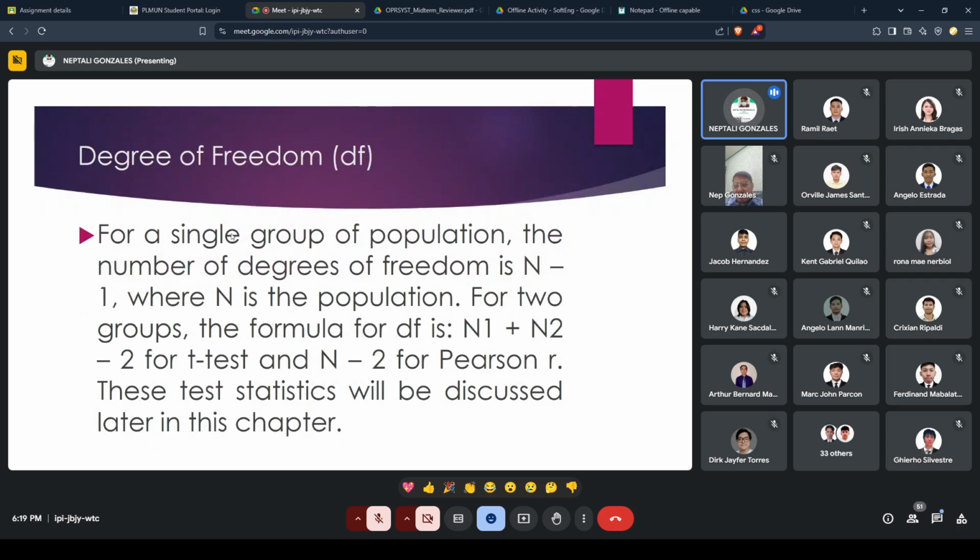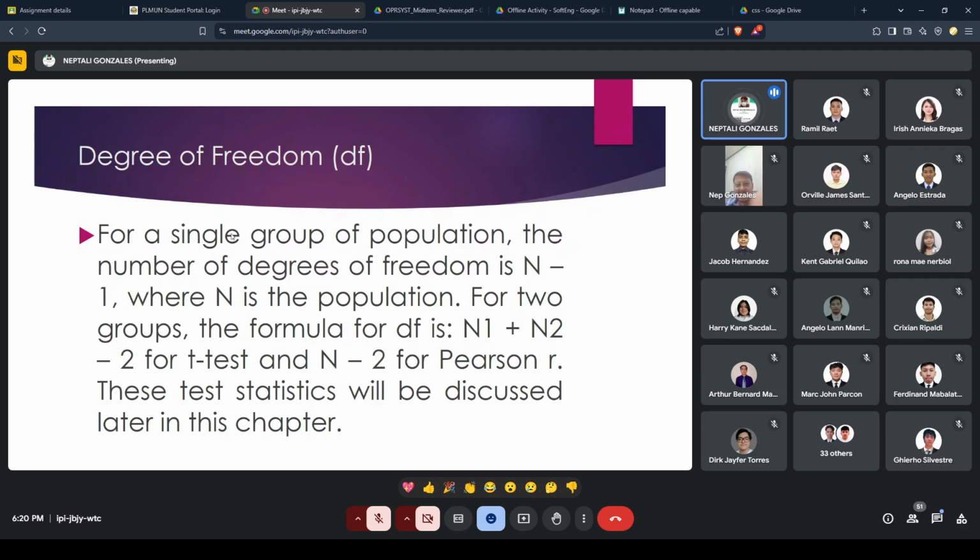If you have two groups, the formula for the degrees of freedom is n sub 1 plus n sub 2 minus 2 for t-test and n minus 2 for Pearson R. And these statistics will be discussed later in this chapter.